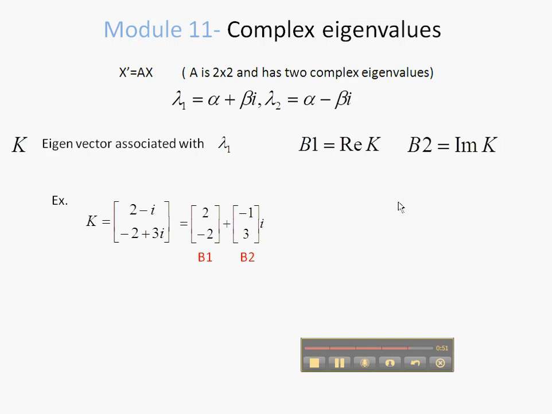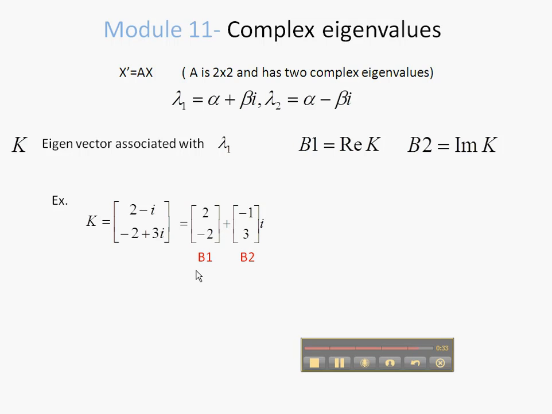What I mean by that is if I have a vector k like this, then I can rewrite it so that there's a real vector plus an imaginary vector. In this case, the numbers that are times i go in B2, and the numbers that are just real numbers go in B1.